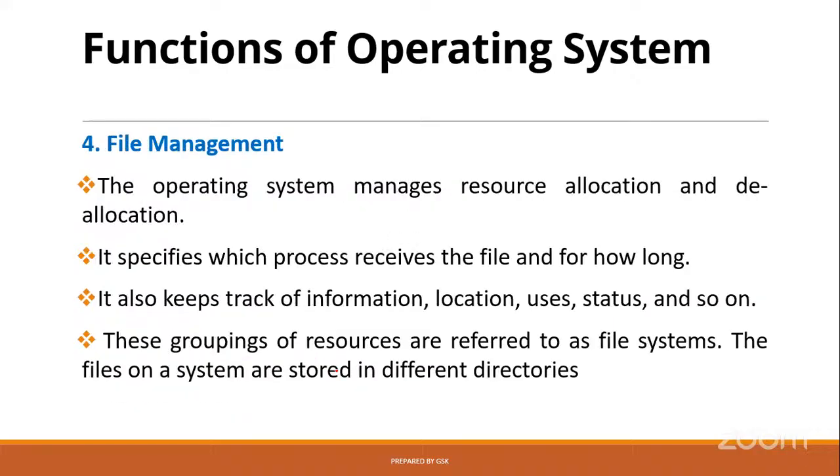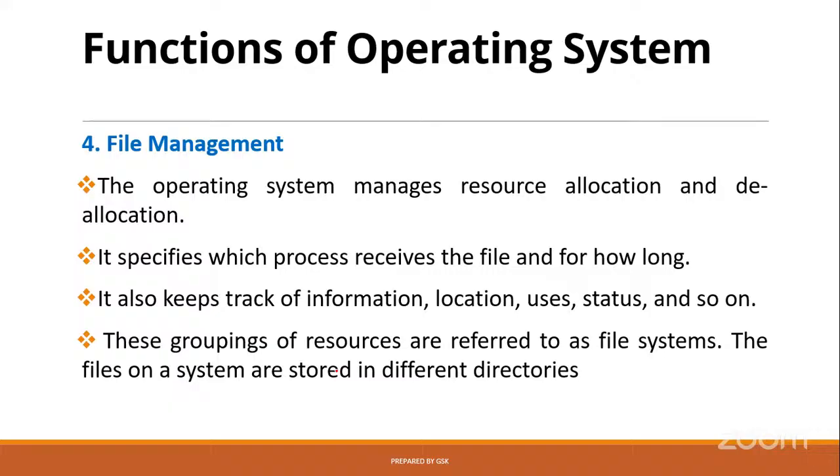The next function is file management. The operating system manages resource allocation and deallocation. Nothing but, depending on your work, some resources must be allocated. It specifies which process receives the file and for how long. Okay.